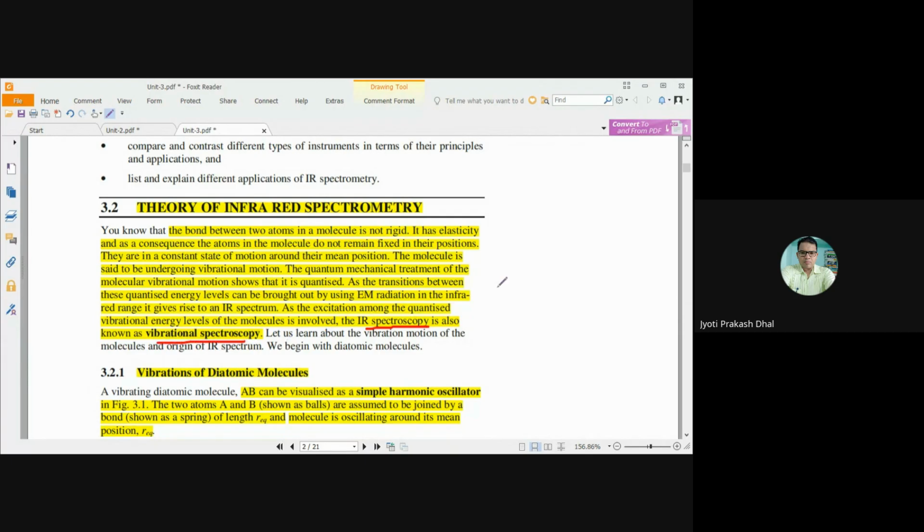That means when electromagnetic radiation within the infrared region falls on the sample, the sample will undergo bond vibration. So due to this bond vibration, there will be a change in the vibrational energy levels of the sample, and that will give rise to IR spectroscopy or vibrational spectroscopy.